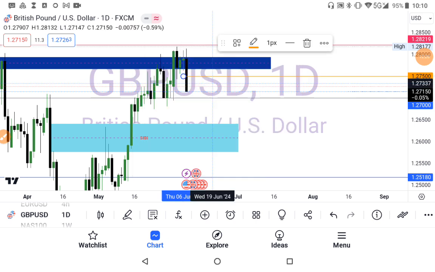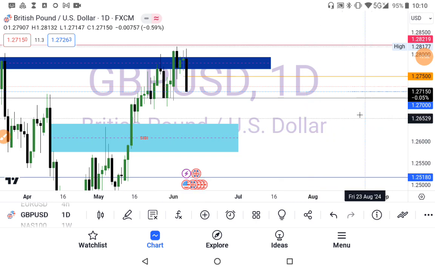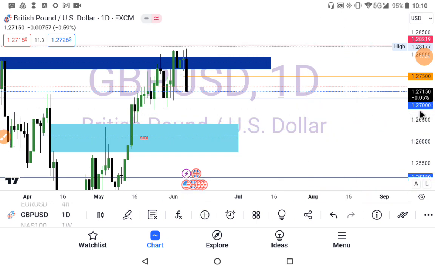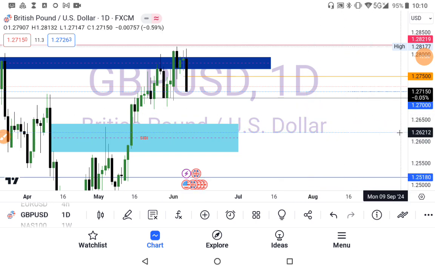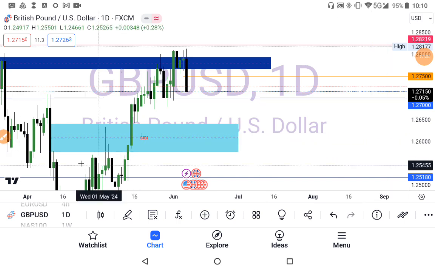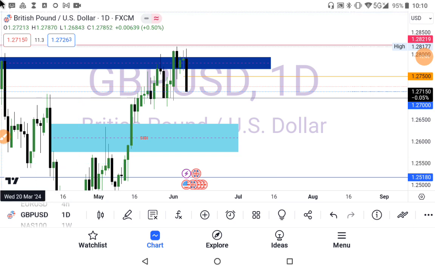Then we should see a movement into 1.27 thousand, 1.26500 further. So 1.27500 should serve as a resistance.